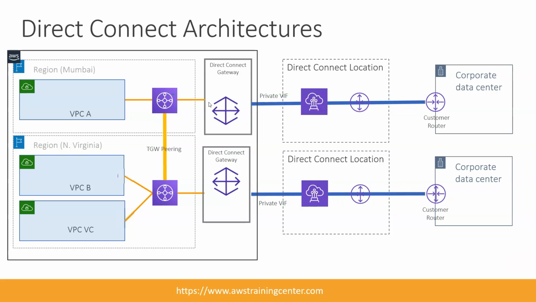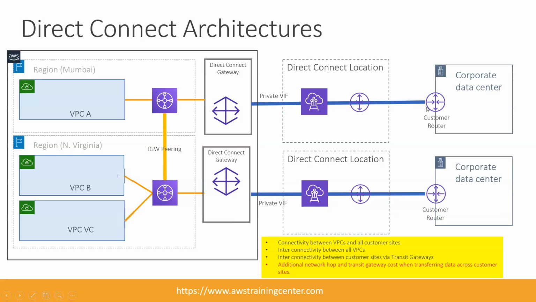Now what can you do for that? Simply, instead of using one Direct Connect gateway, you can use two Direct Connect gateways, and both these connections now terminate on separate Direct Connect gateways. In that case, if the traffic is coming from a corporate data center, it can be routed to a transit gateway and then the transit gateway can route it back to another data center. So this is how the traffic will flow. This provides you end-to-end, full mesh connectivity.